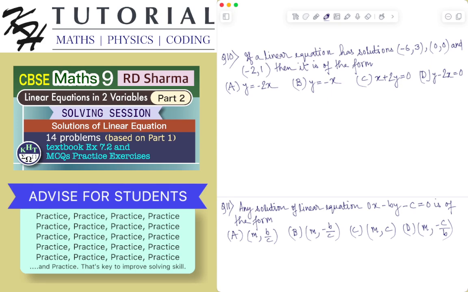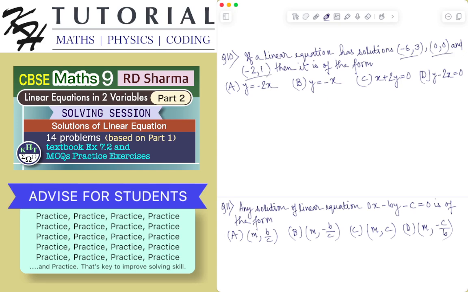You consider choice A, the equation y equals minus 2x, and see whether all the 3 given ordered pairs satisfy the equation or not. If they do, then it is a correct form of the linear equation whose roots are the given 3 ordered pairs.